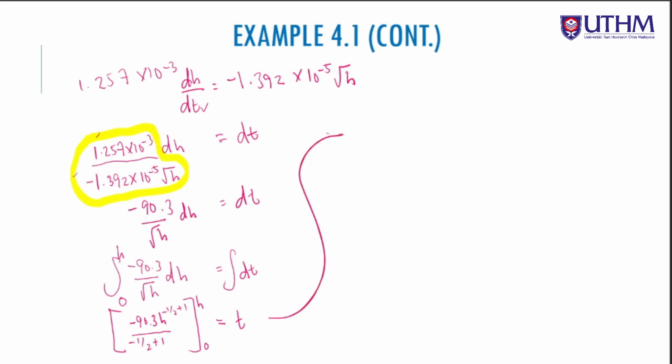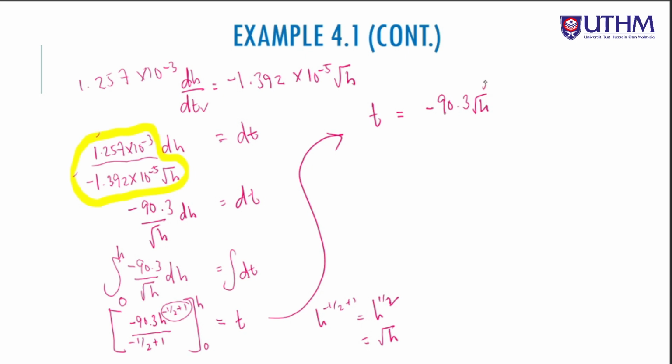And then we continue. T is equal to minus 90.3 √H. Tak apa, ini H power 1/2 jugalah. And since minus 1/2 tambah 1 adalah equivalent to 1/2, plus 1 is actually equals to H power 1/2 ataupun √H.